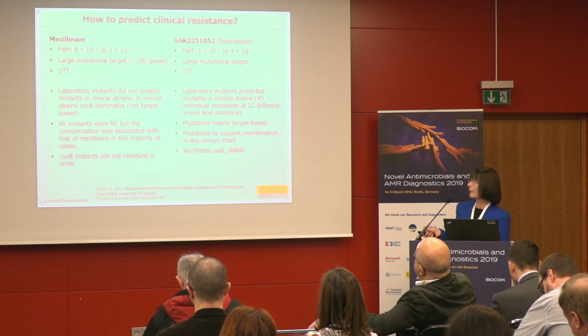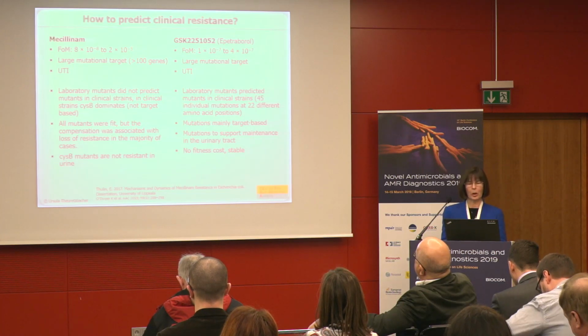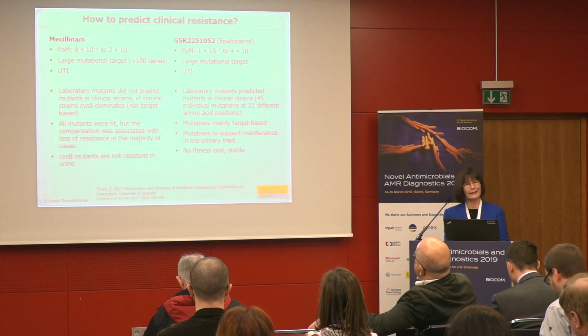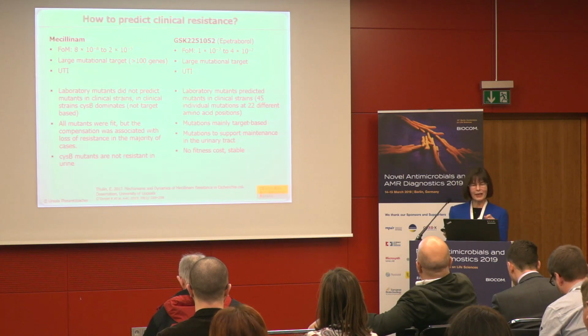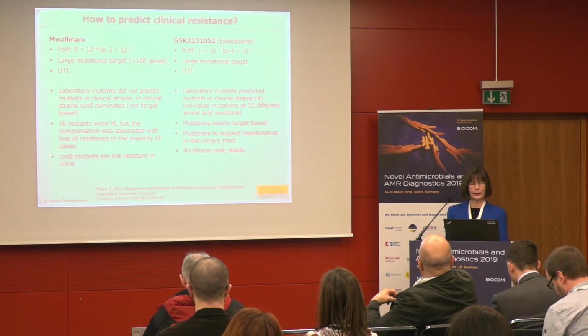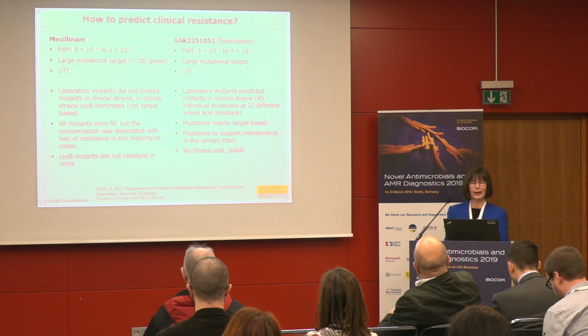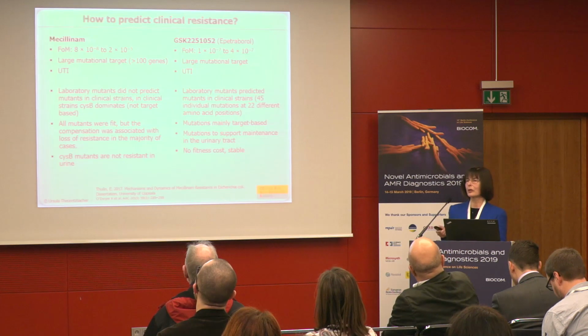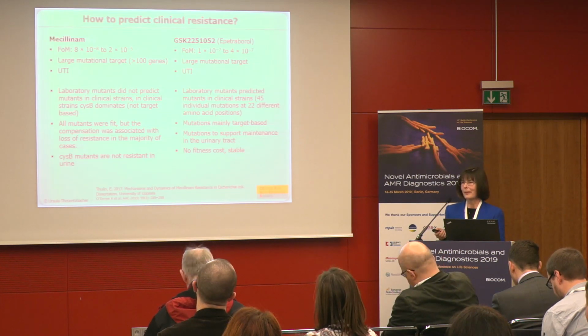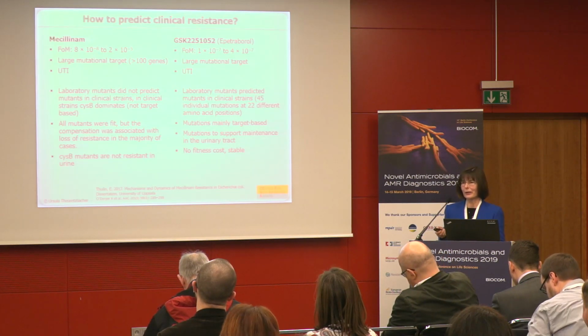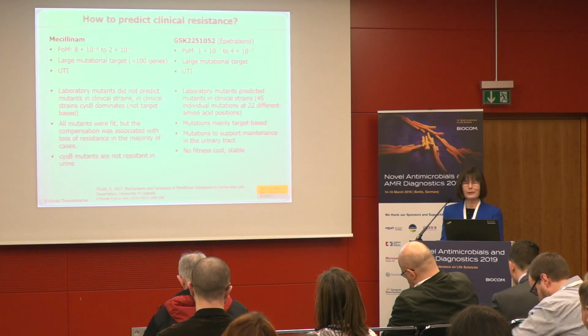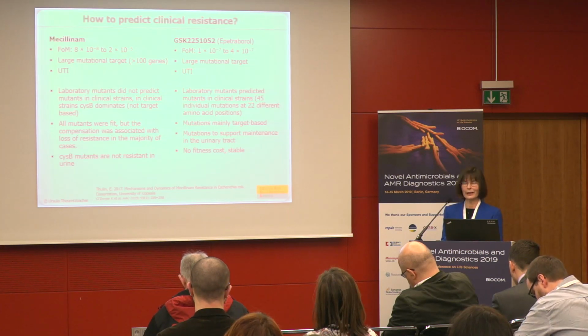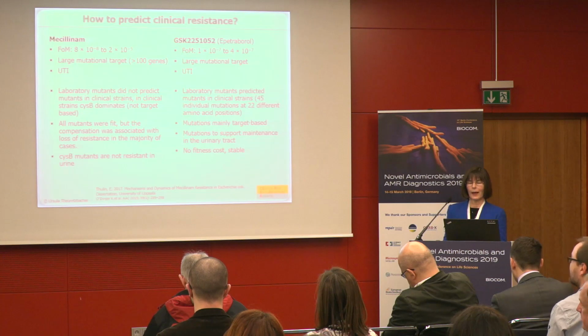In mecillinam, all mutants were fit, but the compensatory mutations were associated with a loss of resistance in the majority of cases. So they were compensatory mutants, but they were not good in the clinical situation.